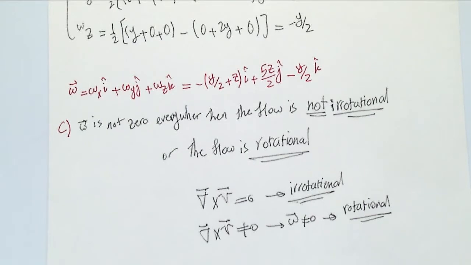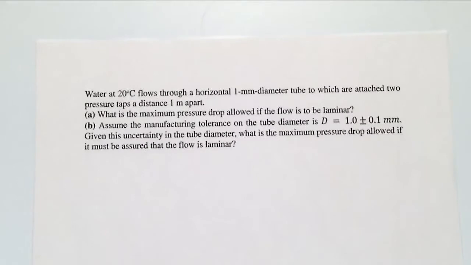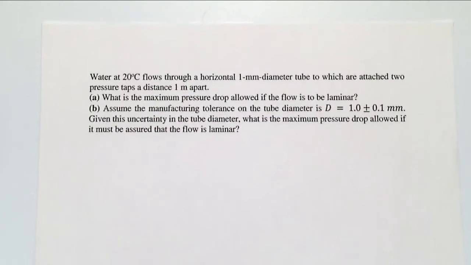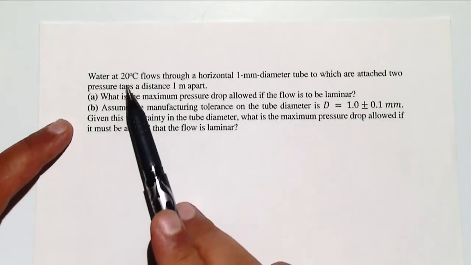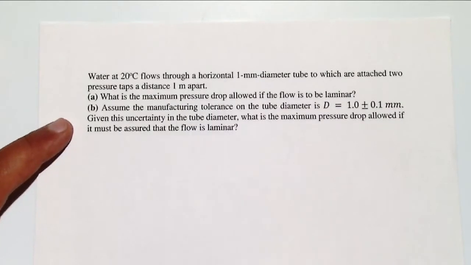Okay, so that's the first question. The second question that I'm going to review today is for chapter 8, which is the flow in pipes. This question is for a horizontal tube or pipe, and water at 20 degrees flows through it.